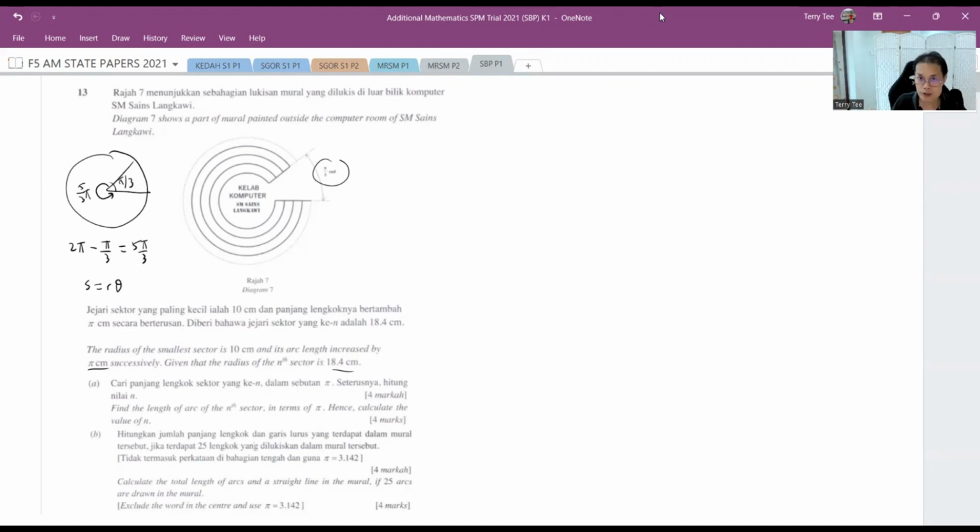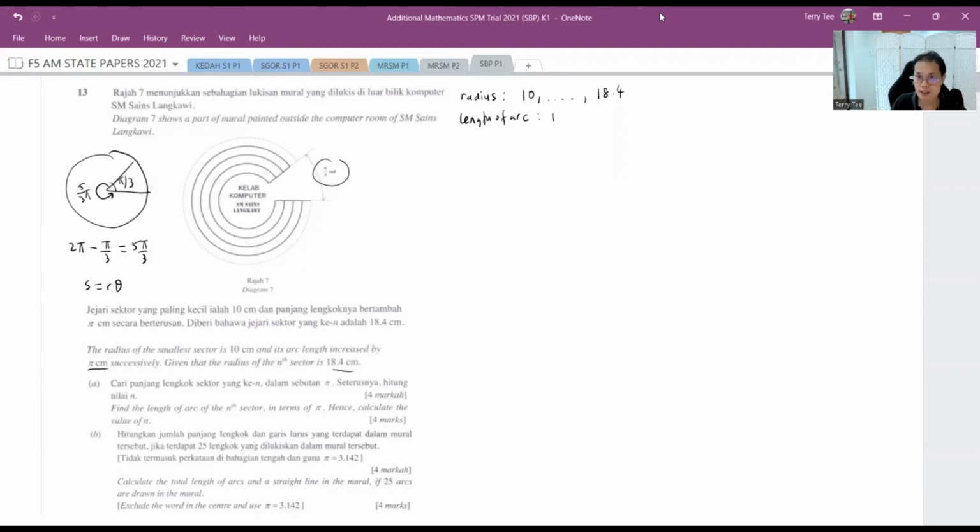So your progression, if you look at the radius of the smallest one, is 10, right? And then it increases. The radius of the largest one is 18.4. But when we talk about length of arc, you need to multiply by your angle.